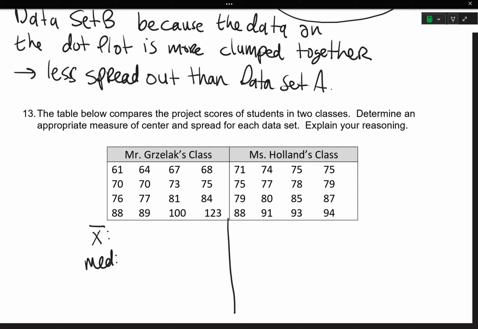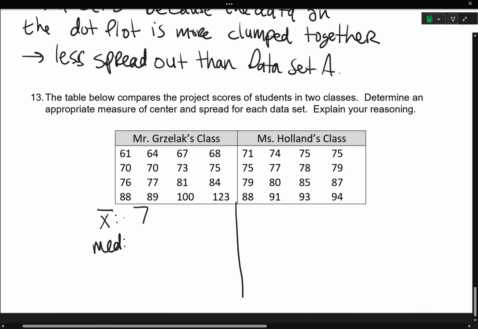The mean of Mr. Grislack's class is 79.13, and the median is 75.5. If you need help putting that mean into your calculator, let me know. This data is skewed because it's more than 1 unit apart for the mean and median.